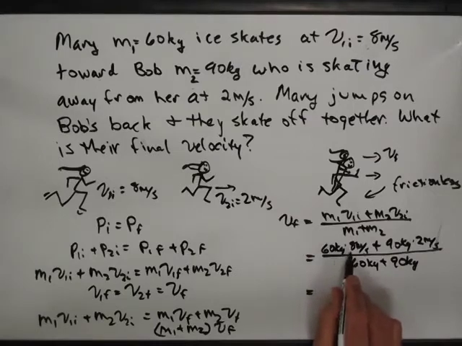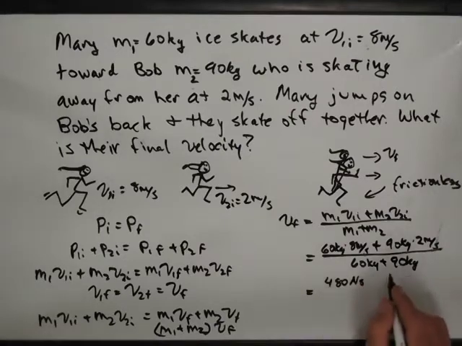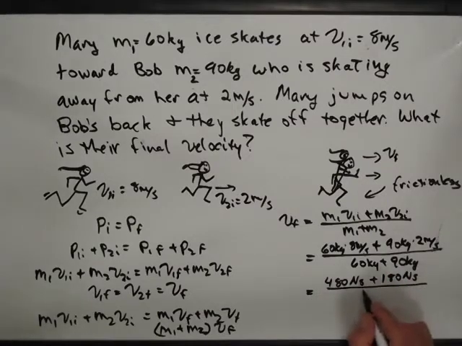Well, 60 times 8 is 480. I'm going to convert it to Newton seconds instead of kilogram meters per second. It's just easier to write. Plus 180 Newton seconds, because that's 90 times 2, over 150 kilograms.